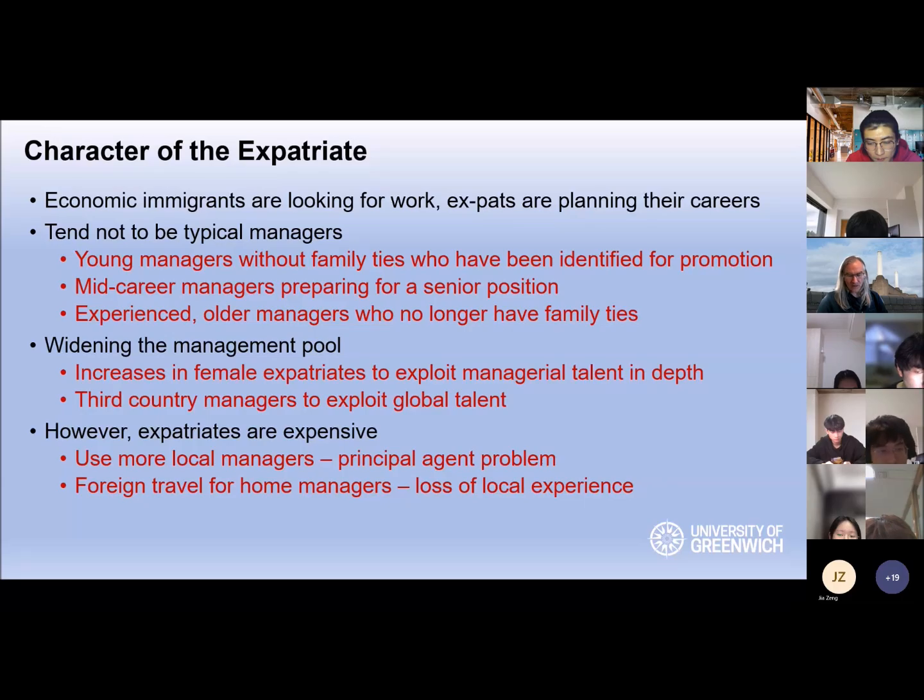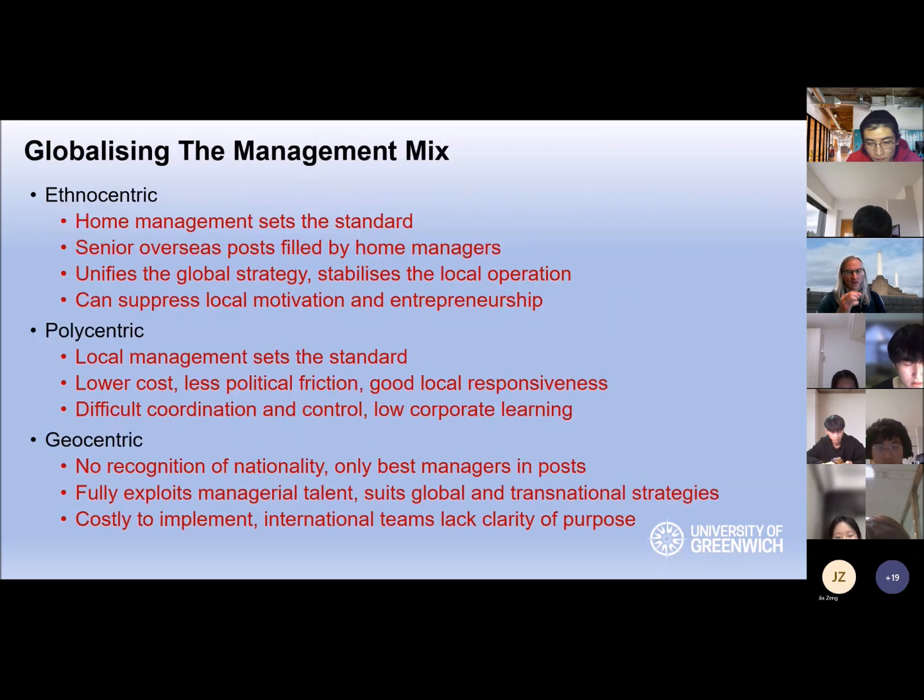And also, because we're tending now towards saving costs and just sending managers overseas on short trips, they're not gaining that local experience anymore. So three basic ways of mixing up the managers.